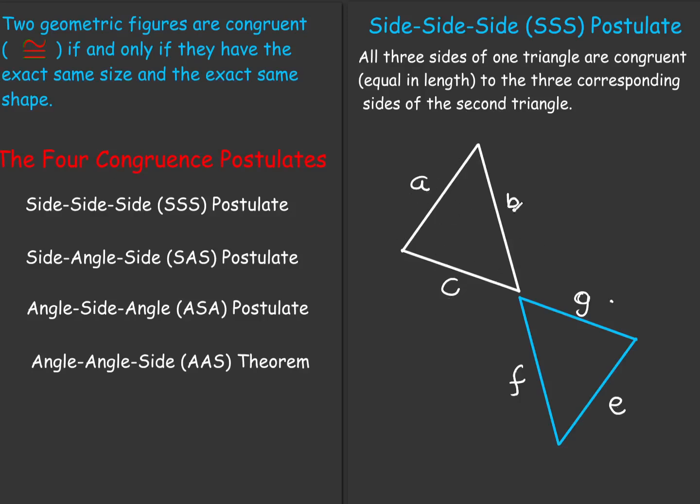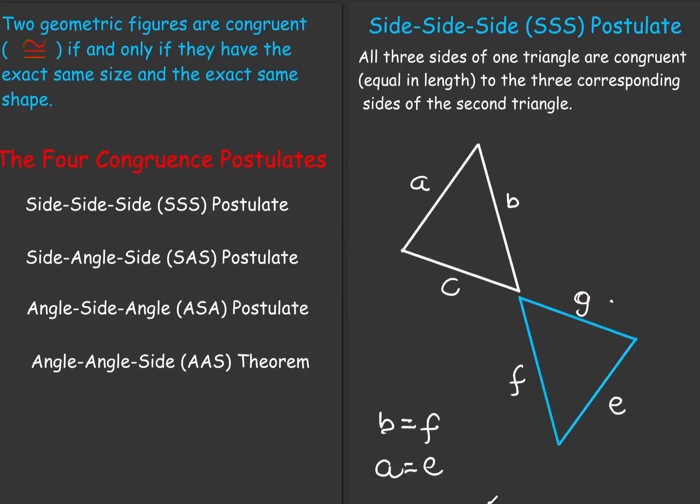If we are saying B over here corresponds to F, then it simply means the measure of B should be equal to F. Also, if you are saying A corresponds to E, then the measure of A should be equal to what?